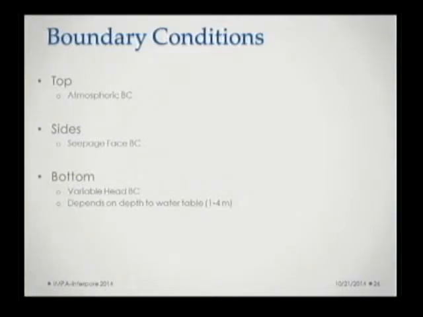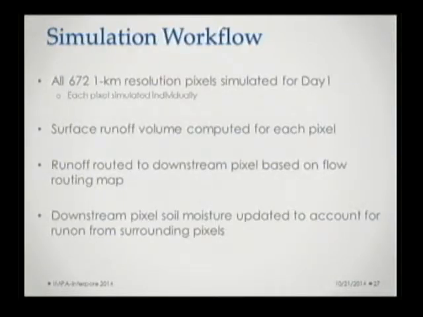Again, the boundary conditions were very similar: atmospheric boundary at the top, seepage phase on the sides, and variable head depending on the actual water table that we had data for that region. So 672 1 kilometer resolution pixels had to be simulated for each day, and unfortunately at that time the software did not have the ability to give me the surface runoff.